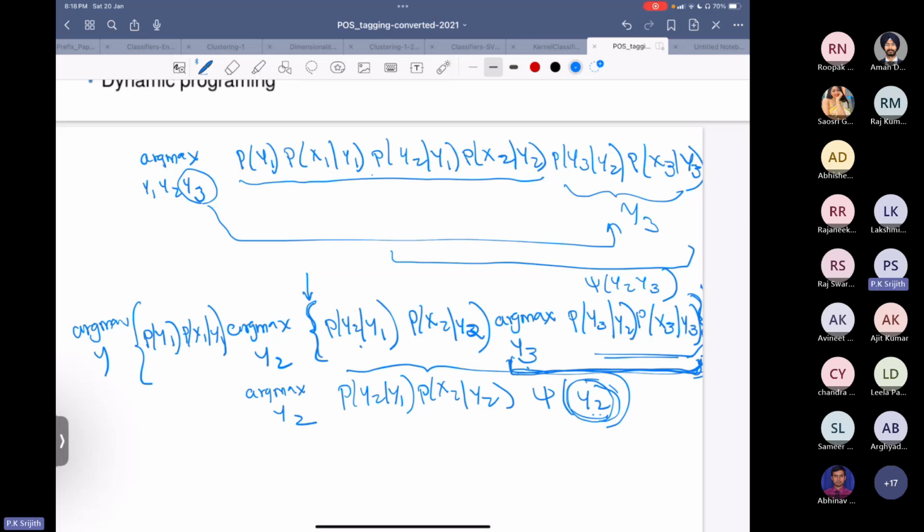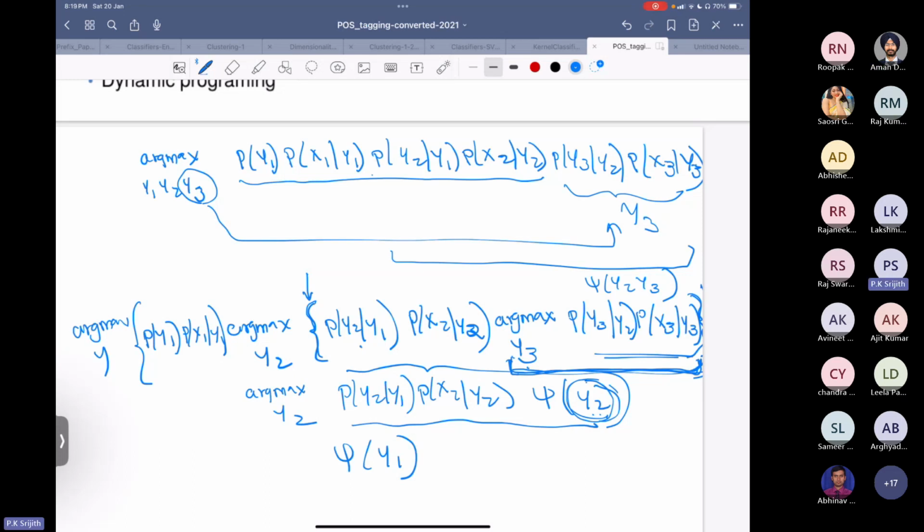So where is my y? Y1 is there. So I can perform an argmax over y2. What I'm trying to do is find out, if we consider these components and perform this argmax over y2, I will end up getting a function of y1. That is, for different values of y1, I will get some value which is obtained by doing an argmax over y2.